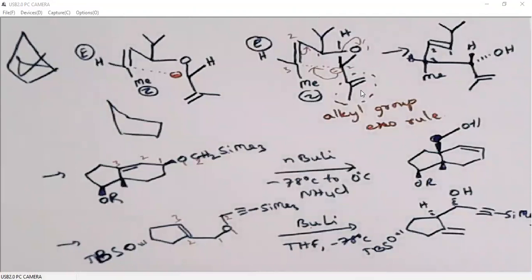You practice how these stereochemistries are coming. One thing we can clearly say, because a large group is there below the plane, this molecule will approach this 5-membered ring from above the plane. So this must be above the plane. That is why hydrogen is below the plane. And you can predict the stereochemistry of OH when we go for envelope conformation.